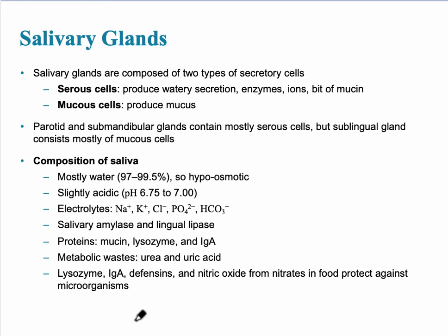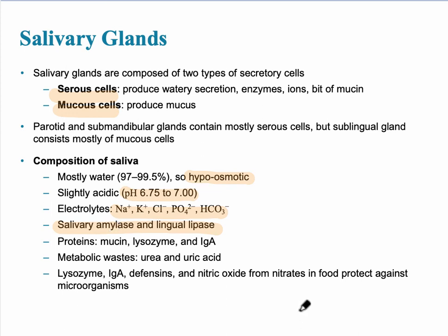The different cells in the salivary glands, as we saw a couple of slides ago, are the mucus cells and the serous cells. The composition of saliva is mostly water, so it's hypoosmotic. It's slightly acidic, has the electrolytes we would expect, and has the enzymes salivary amylase and lingual lipase. Again, the salivary amylase breaks down carbohydrates, and the lingual lipase breaks down fats.